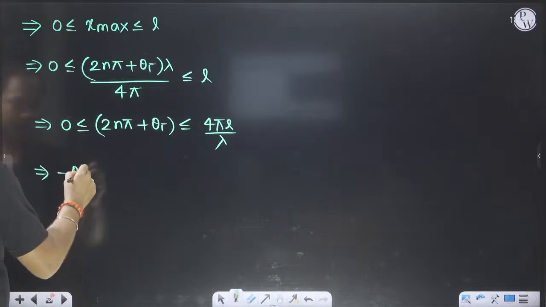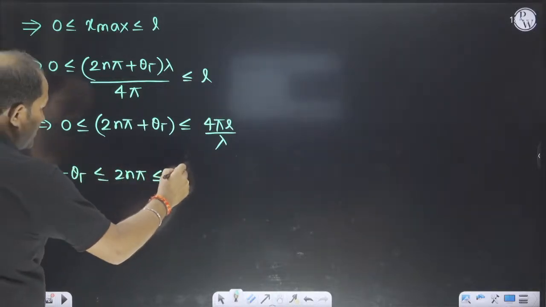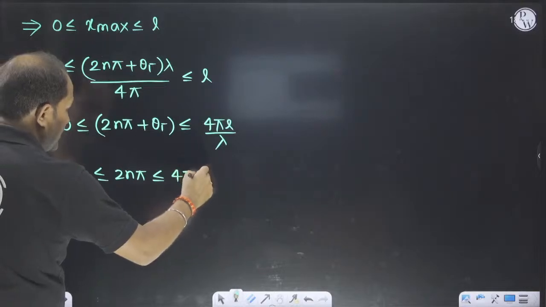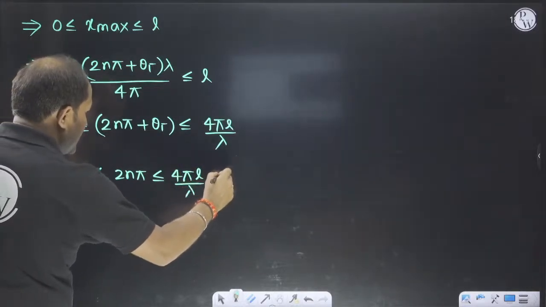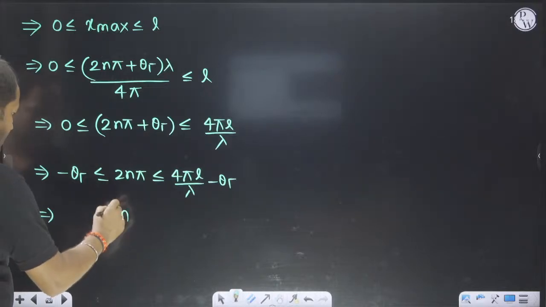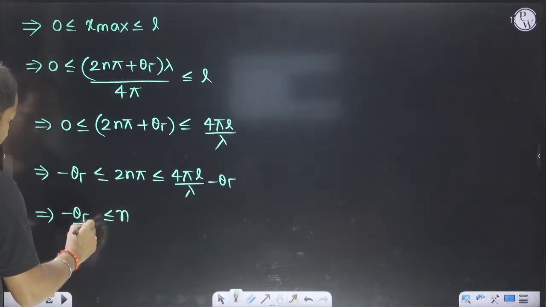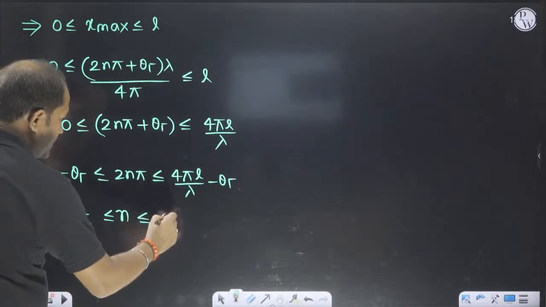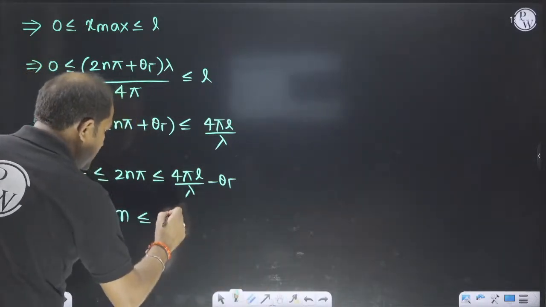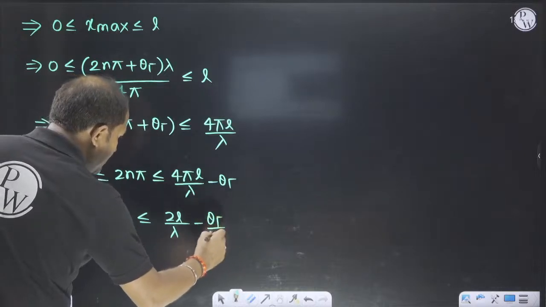Then we have minus θγ, so 2nπ is 4πL by λ minus θγ. Then n will be equal to 4πL by λ minus θγ divided by 2π, that means 2L by λ minus θγ divided by 2π.